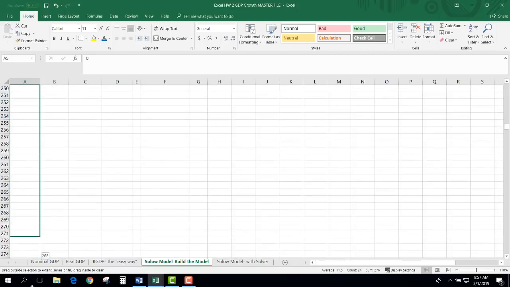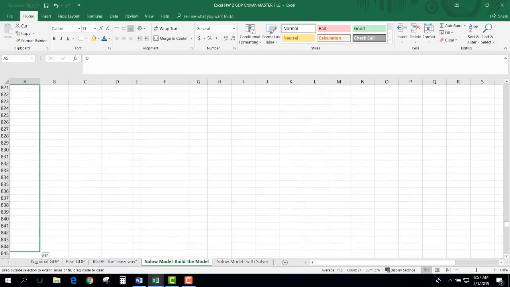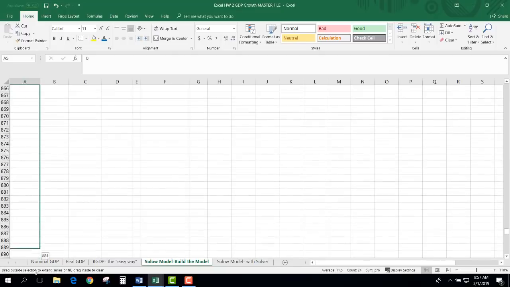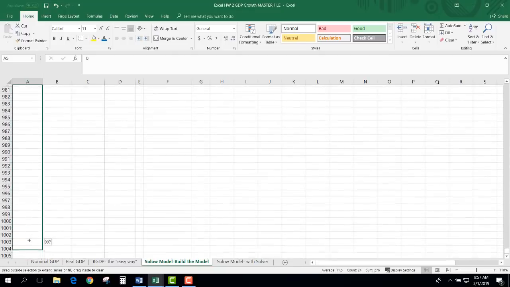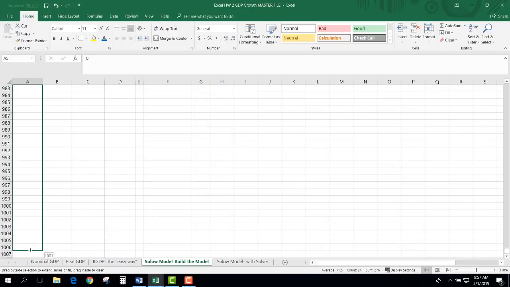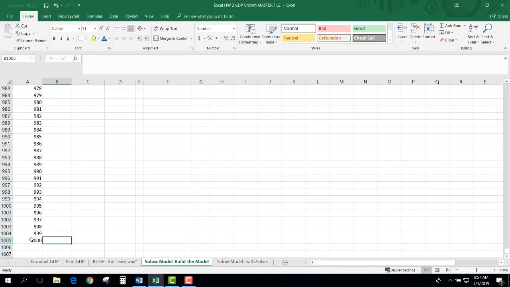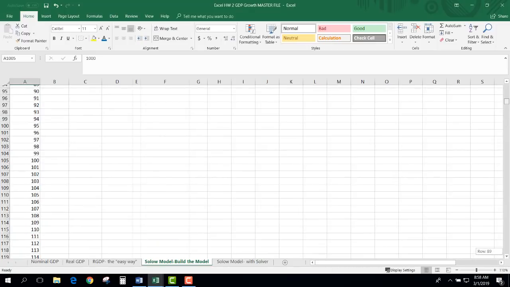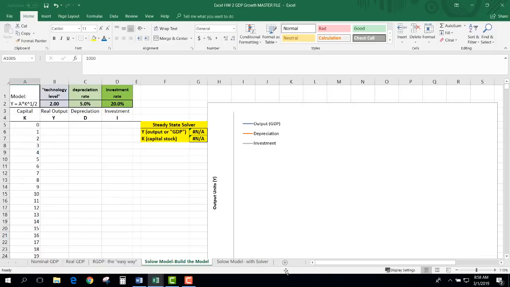So I can just fill this all the way down. I think I need to go to 1,006 because I started in row 5. Oh, 1005. Yeah, 1005 includes this. So we got possible values of capital from 0 to 1,000.